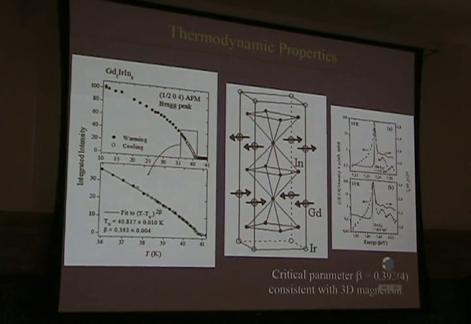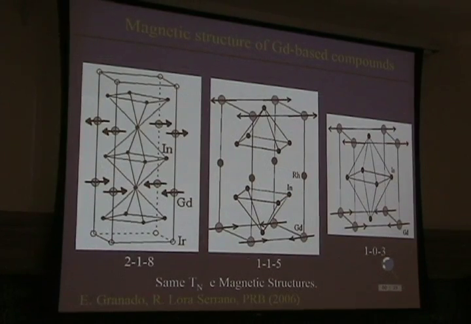And the exciting part is that gadolinium, for example, is a highly neutron-absorbing ion, so you cannot use neutrons to do this measurement. You can do it very nicely with X-ray magnetic diffraction. So we determined the 3 magnetic structures of gadolinium. If you look at them, they are all commensurate, and there is no change at all when you go from rhodium to iridium, 115 to 118. They have the same Néel temperature and the same magnetic structure.